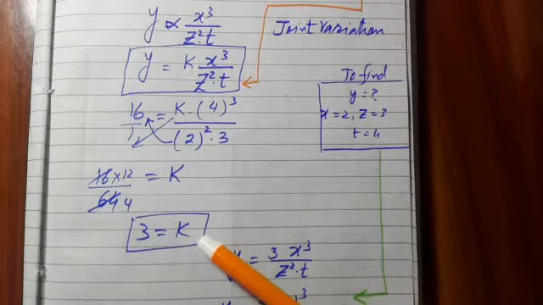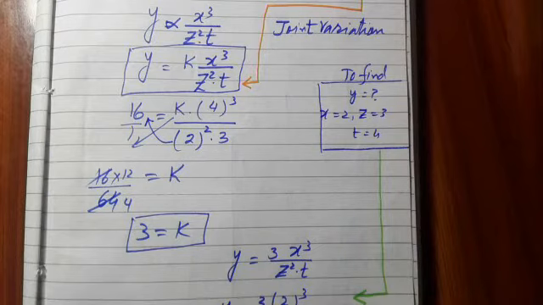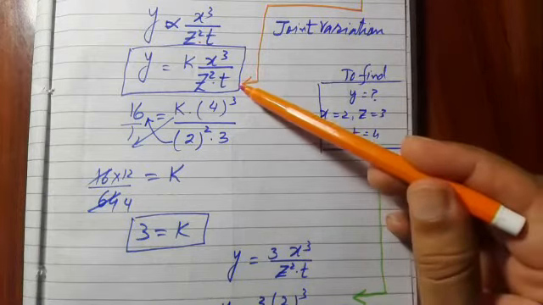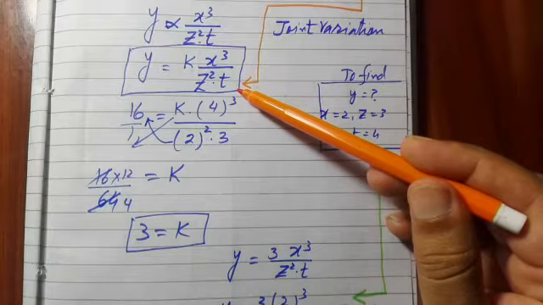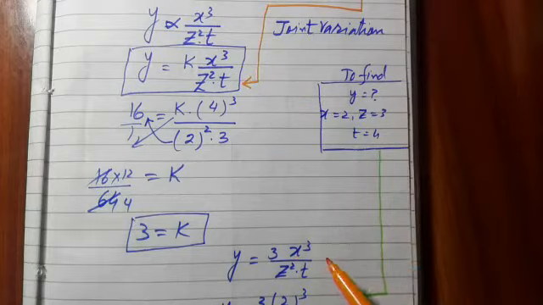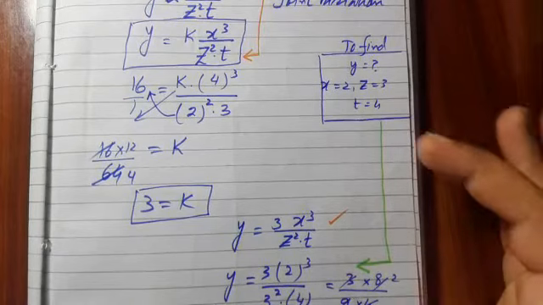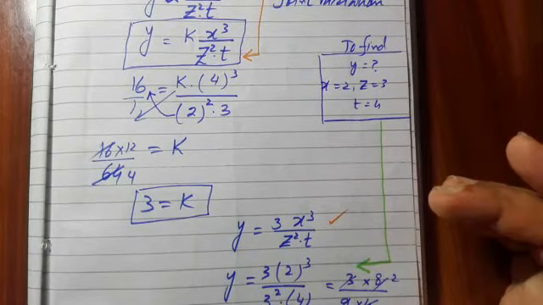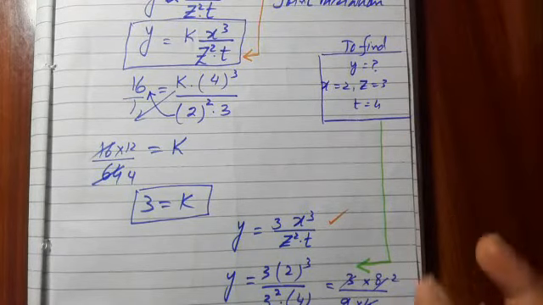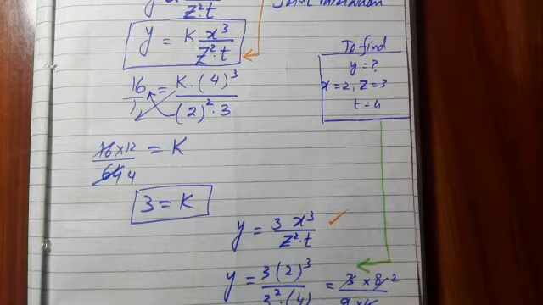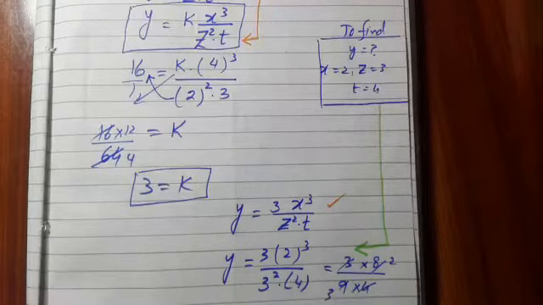Once k is calculated, we will substitute the value of k in this above equation, and the substitution of k will generate this formation. Another set of values is given to find the value of y. As you can see with the green highlighter, we have substituted another set of values to find y.